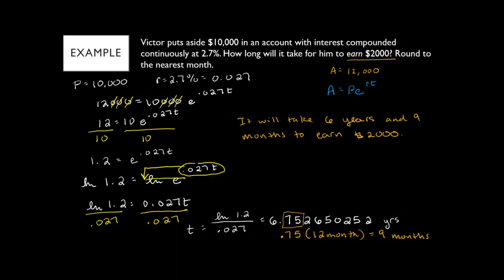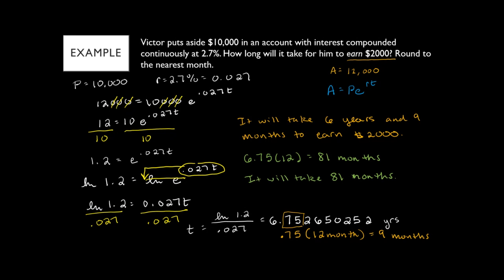Your other option, you can split it up like this, 6 years and 9 months, or if you don't want to do it this way, you could do 6.75 times 12, take that whole number wherever you've rounded it, and that would give you 81 months. So instead of saying 6 years and 9 months, you could say it will take 81 months to earn $2,000.